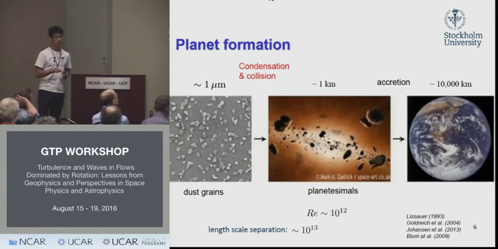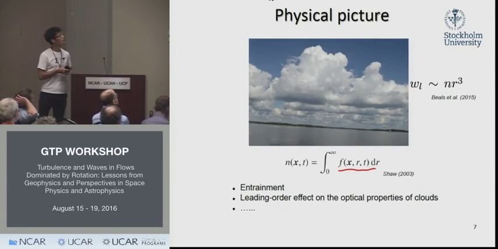So there is a length scale separation of about 10^13. Here we will mainly focus on the formation of cloud droplets to understand the fundamental physics of condensation and collision driven by turbulence.